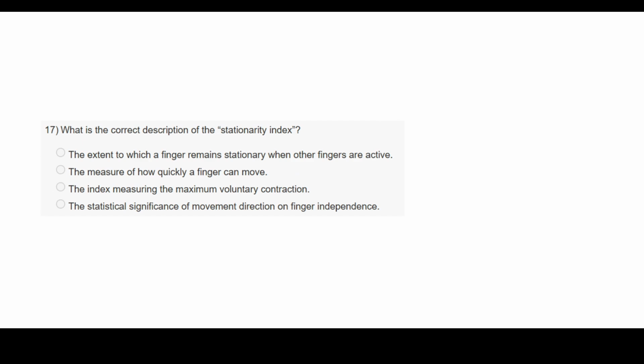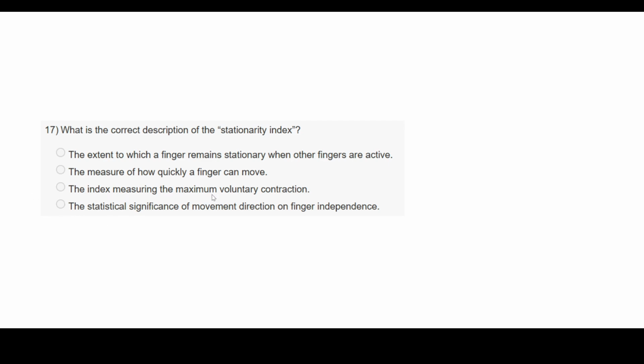What is the correct description of the stationarity index? The extent to which a finger remains stationary when the other fingers are active. The measure of how quickly a finger can move.